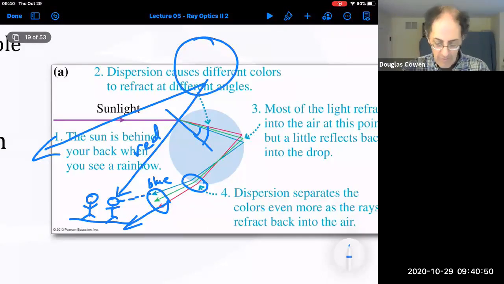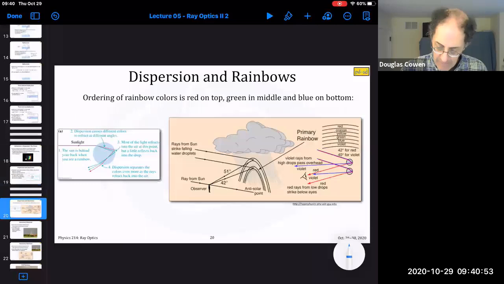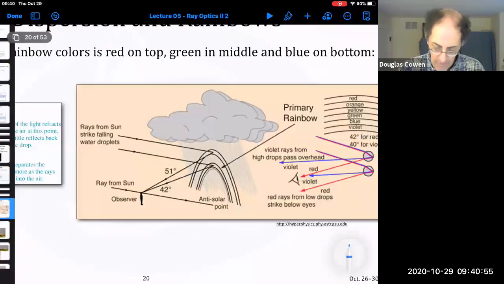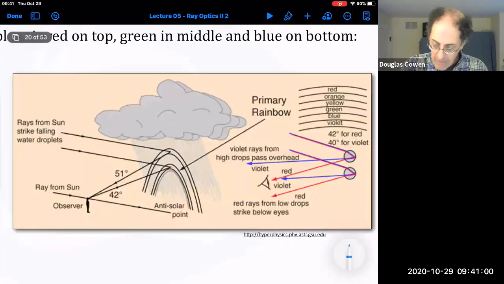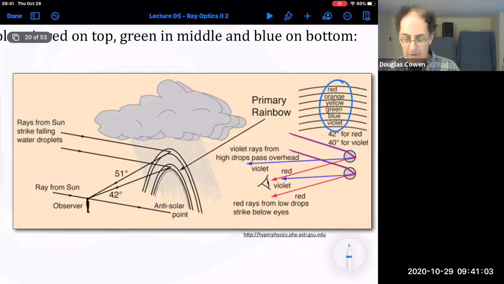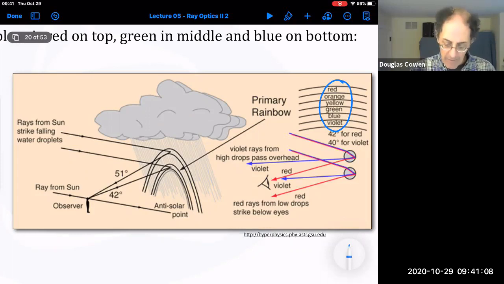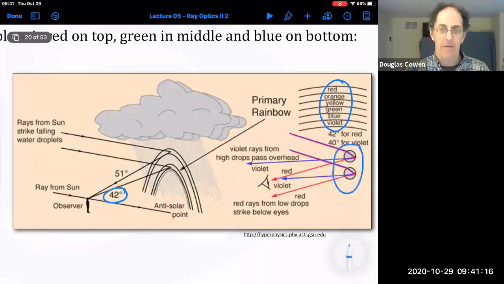Okay, so let's draw a better picture of this shown here. So here's what we actually see. If you look at a rainbow, the colors vary from red up on top to blue or violet down below. And the angle at which that rainbow occurs is 42 degrees, which you can calculate by going through the complicated geometry of this refraction, reflection, and second refraction when it exits the raindrop.